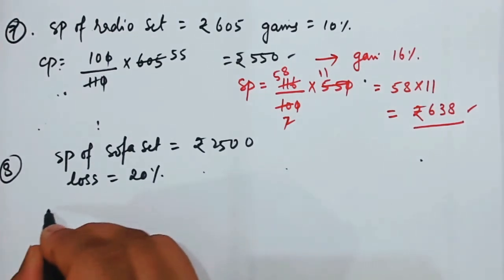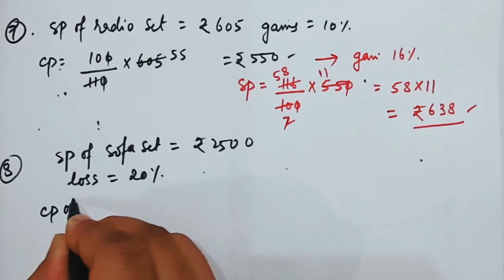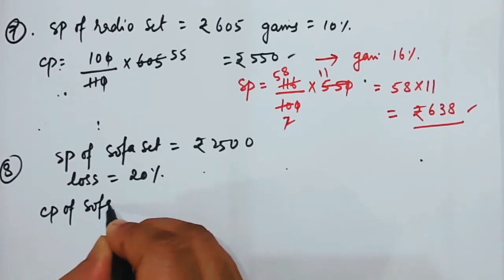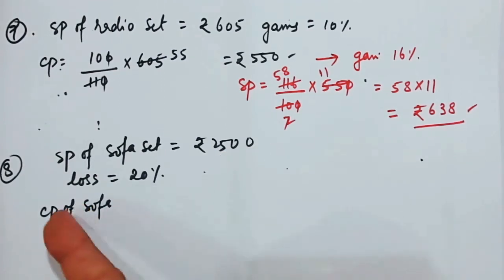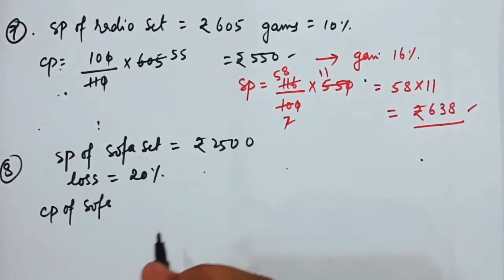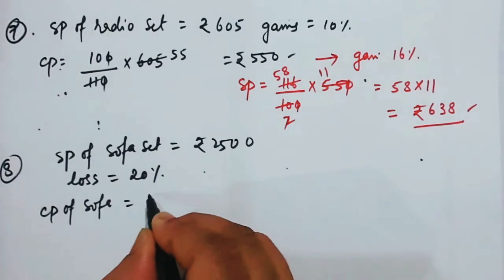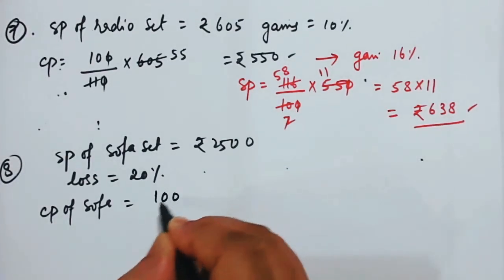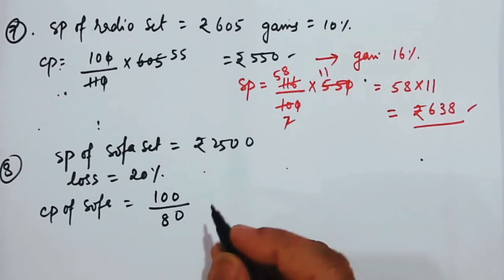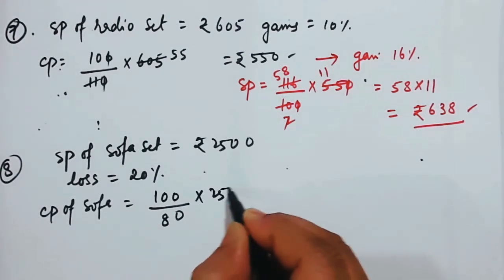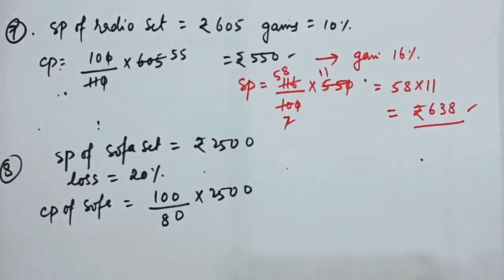First let us find the cost price. Cost price of this sofa set, because here it has been sold at rupees 2500 and 20% loss has incurred. So the cost price of the sofa using direct formula 100 by 100 minus loss, that is 80, into 2500. Let us do some cancellation work.